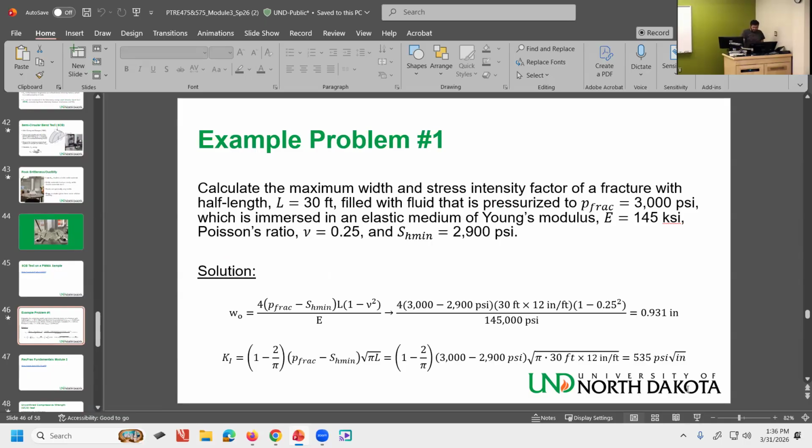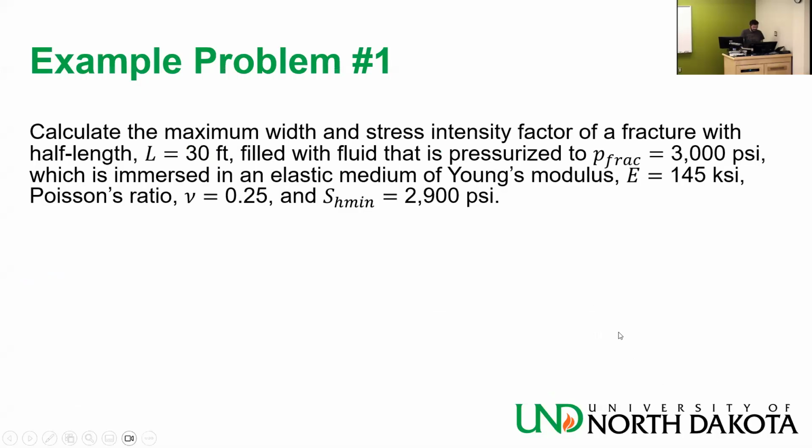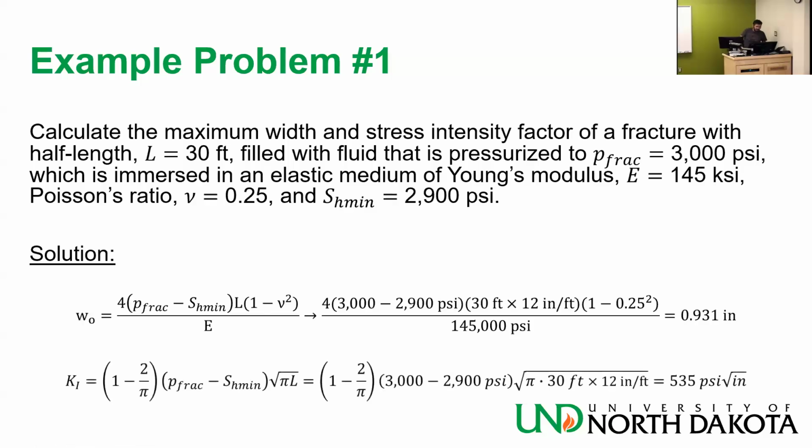Okay, and then the other question is, well, it's not a real question, it's not an actual worded question, but what would be the KI of that? And you can use this equation again.